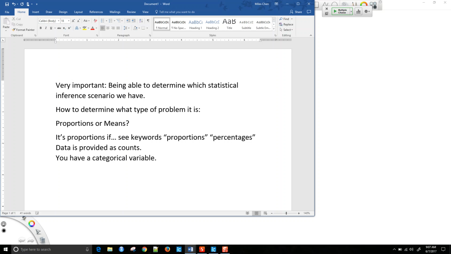Okay. On the other hand, you have means. This means if, I guess we'll start off, you have a numeric variable. Okay. And then you have keywords such as the mean, average, or the data, as far as the data being provided is, you'll see a standard deviation, okay?